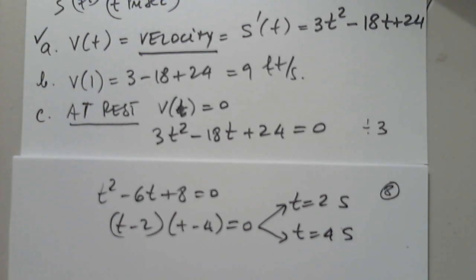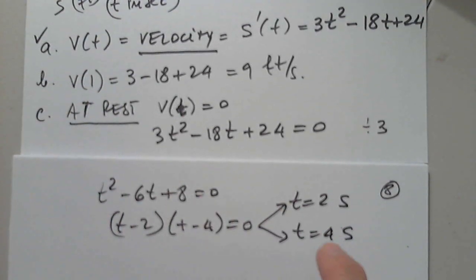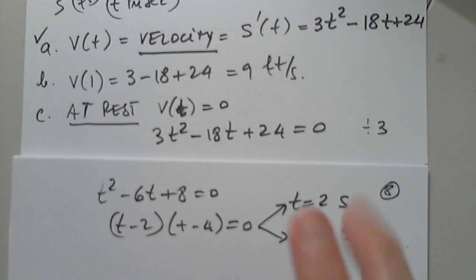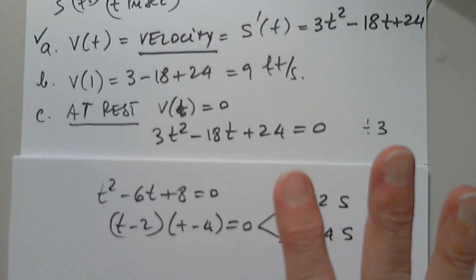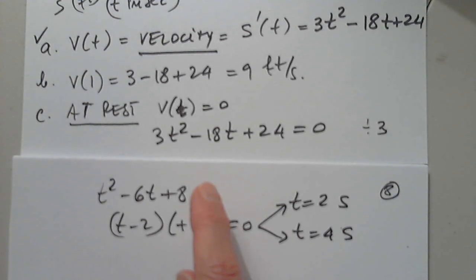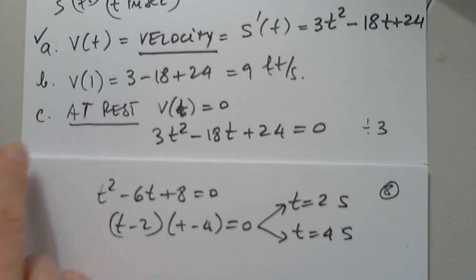So this particle does whatever it does, left, right, whatever, but at second 2 and at second 4, the velocity is 0, so the particle does not move at those points, at those t values. Okay, this was part C. Part D.